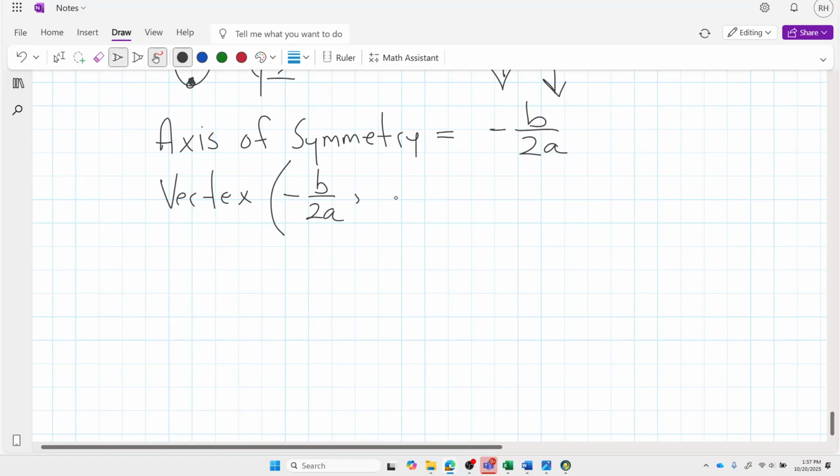And the y value at the vertex will come from substituting x into the equation. And that'll make some more sense here in just a second.